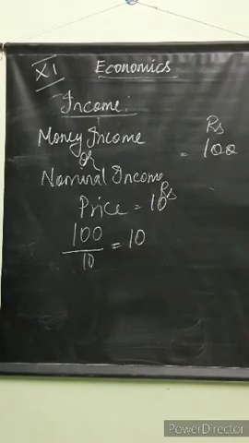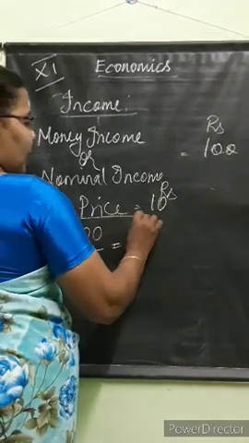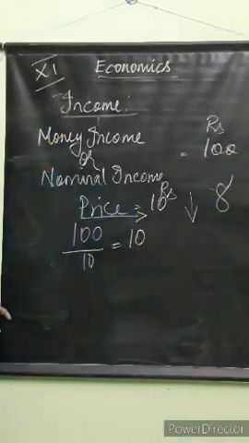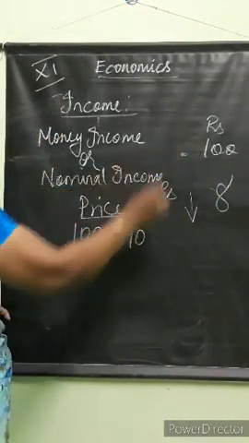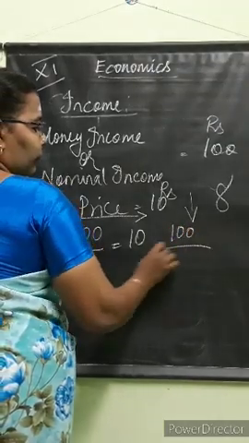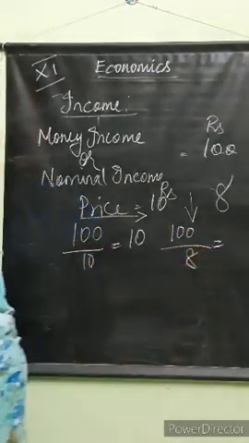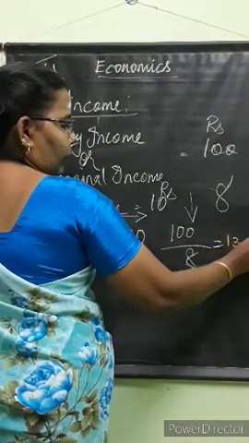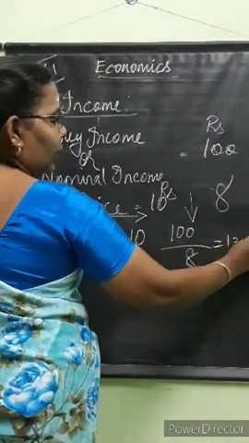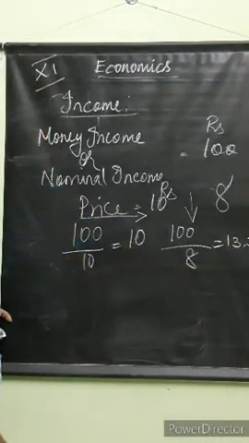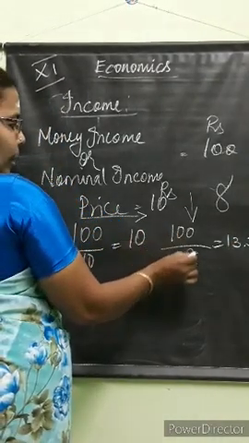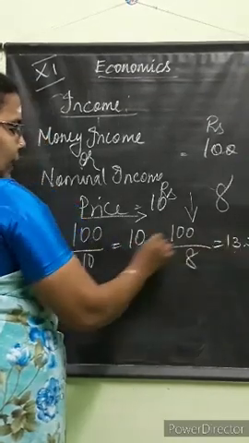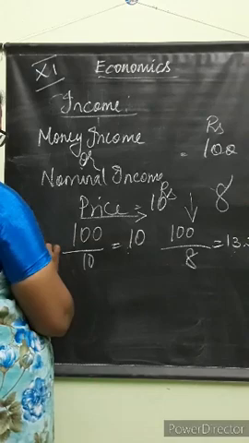Now the price has been reduced to 8. Then from the same income you can get more, it will go beyond 12. So when the price falls, the real income increases. See, this is real income.